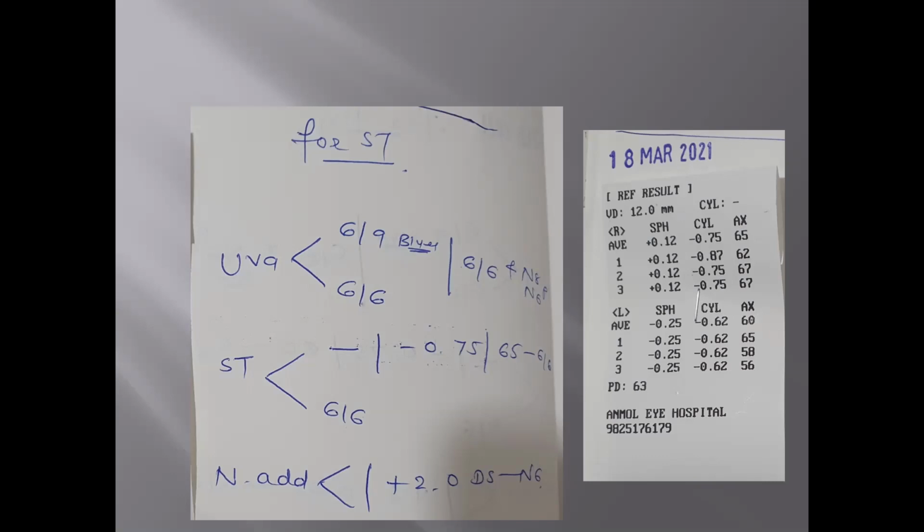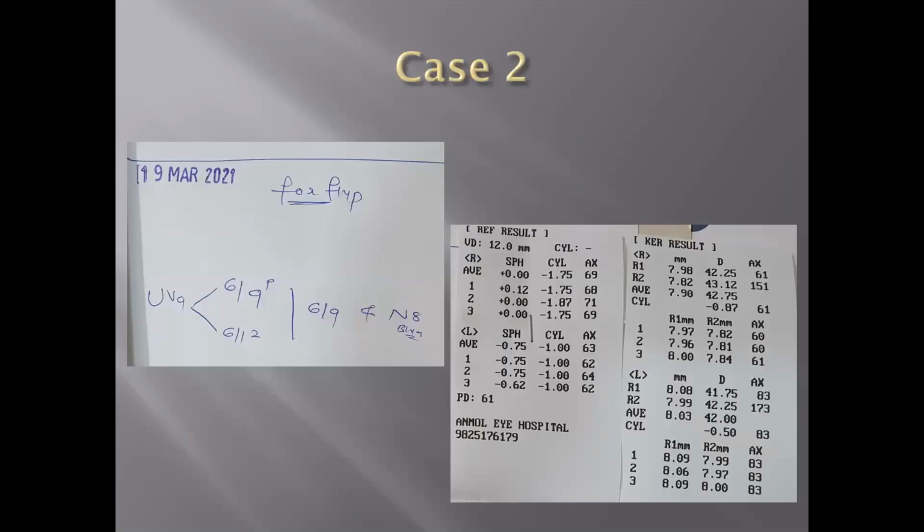This is a minor refractive error, so it was not bothersome. Now we are moving to the second case. In this, I don't have any clinical picture, but in the right eye the vision is 6/9 partial, and in the left eye the vision is 6/12, and the binocular vision is 6/9, and the near vision is N8. The good near vision is suggestive of one or both of the eyes having a myopic refractive error.